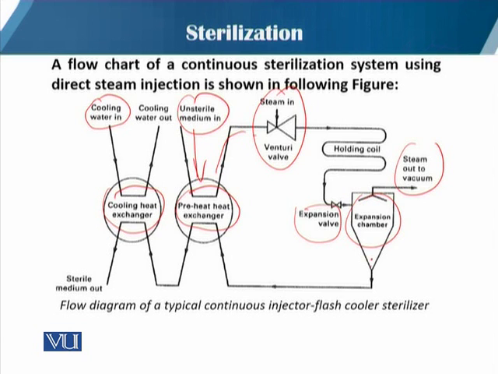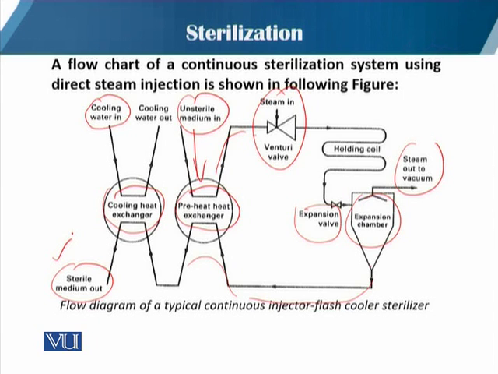Steam goes to the vacuum, and the medium goes back to cooling. This is how you get the sterilized medium. This is the typical flow diagram of continuous injector flash cooler sterilization.